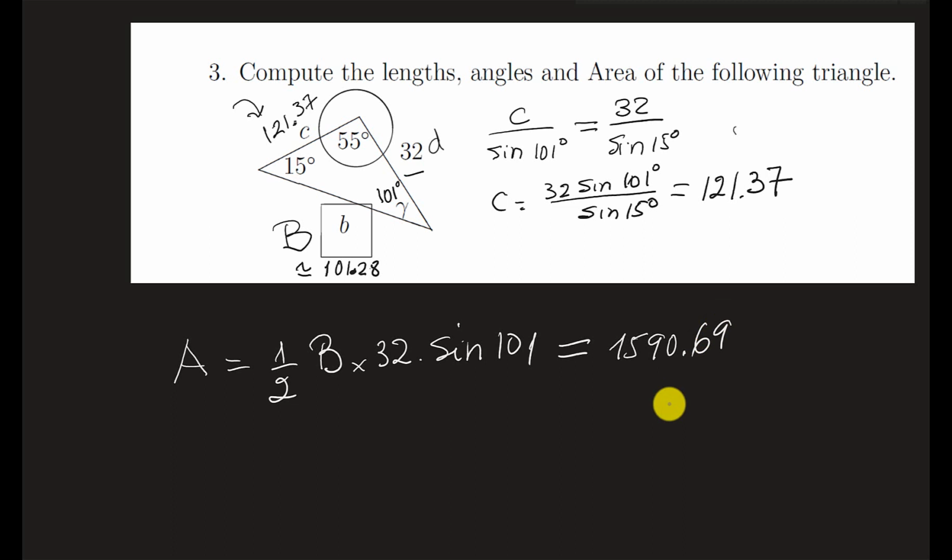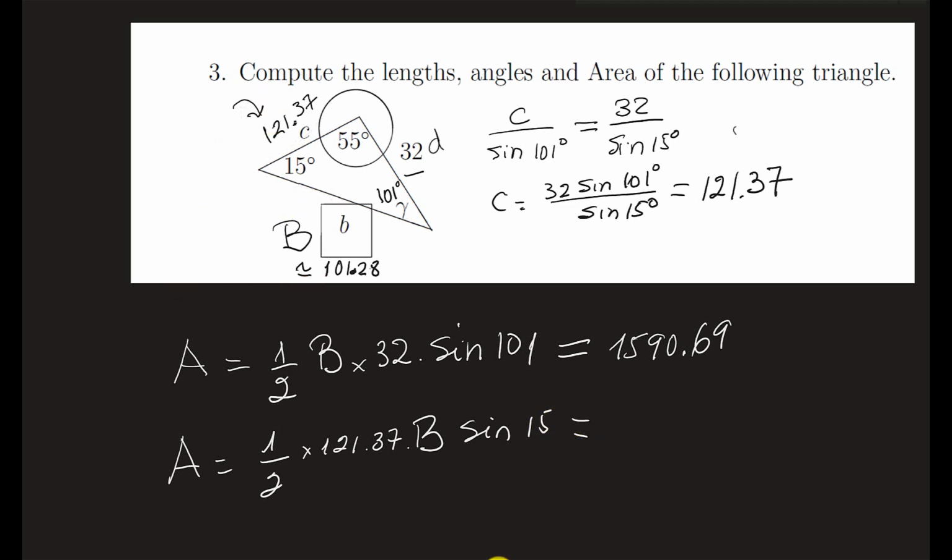You can choose any sides. For example, you can use A equal to 1/2 the product of those two sides, 129.37 times B, times the sine of 15, which is the angle between those two sides.